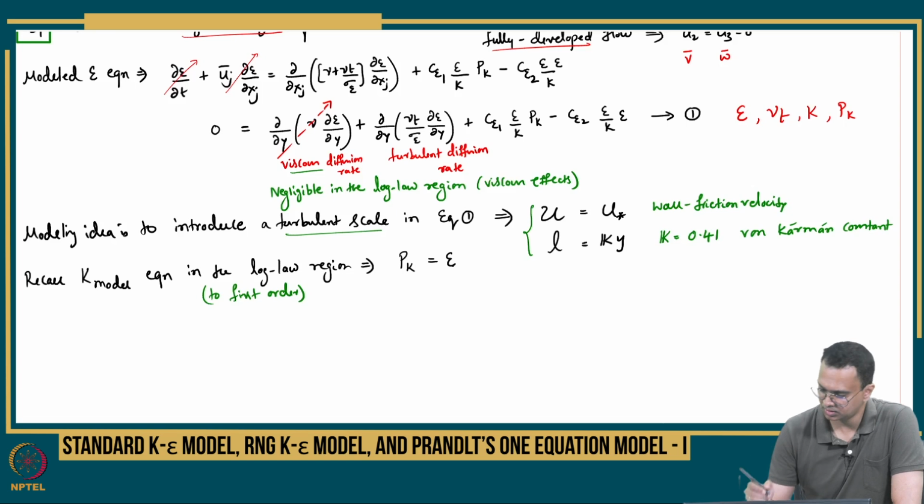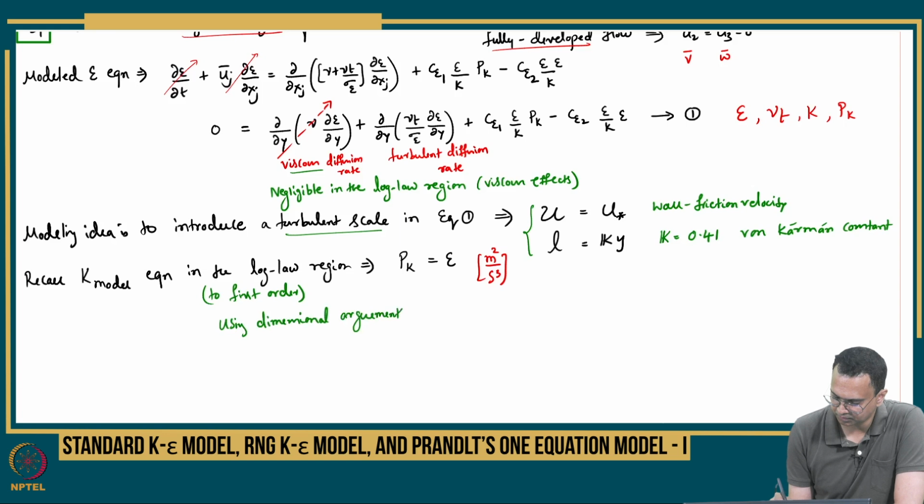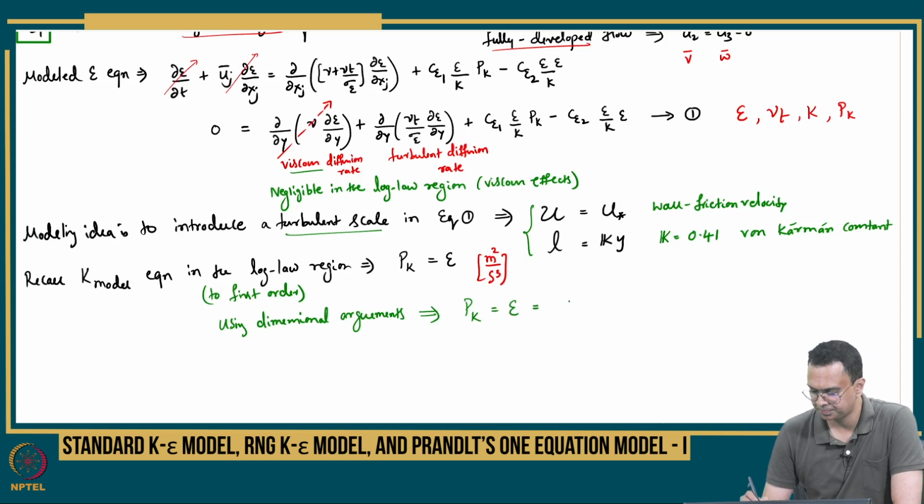So using dimensional arguments, for both pk and epsilon I can use u cube by L, which is u star cube by kappa y.